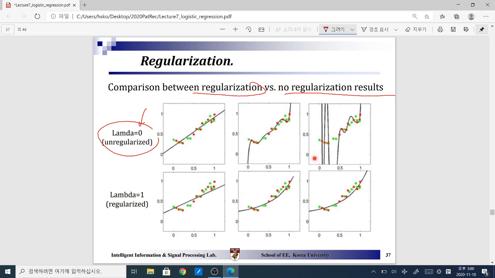So when lambda is equal to 0, we mean that regularization is not done. And as you can see, for no regularization term, this means that the right-hand term, the regularization term, is equal to 0.